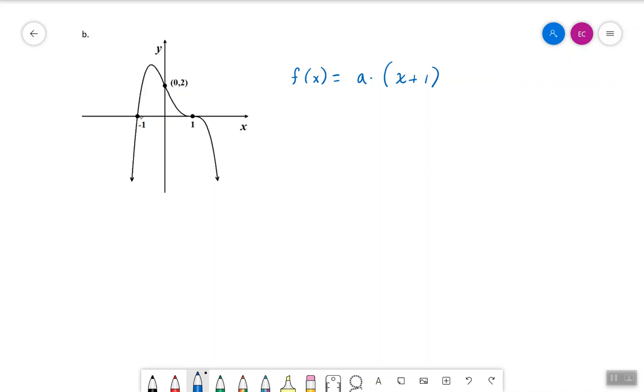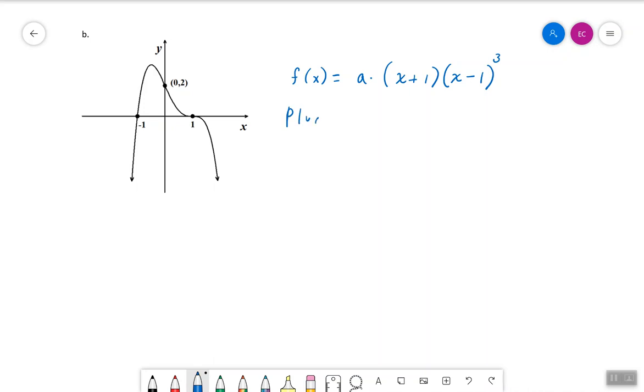Notice it's a cross, and so the exponent is going to be 1. And then there's a factor x minus 1, which goes with the x-intercept at +1. What's the behavior there? That's not a cross or a bounce. That's the wiggle that indicates an exponent of 3.